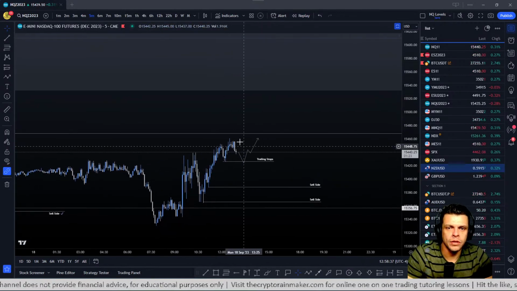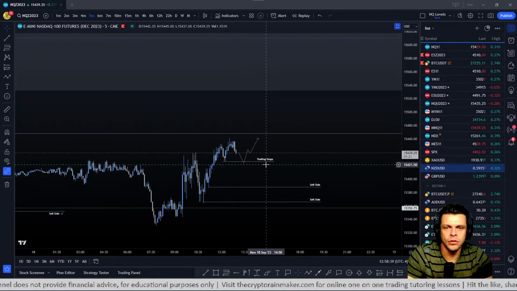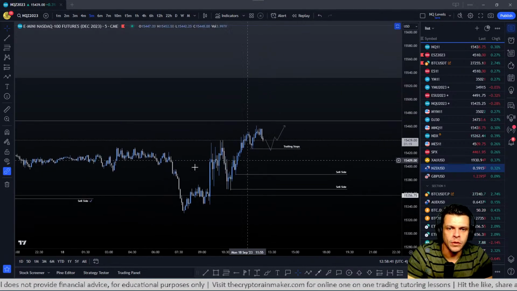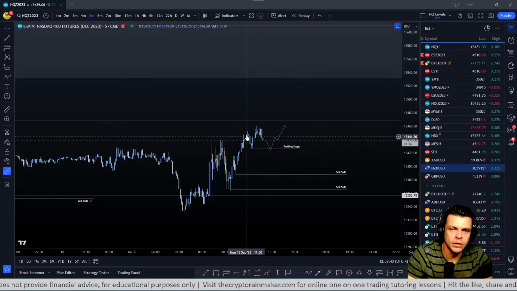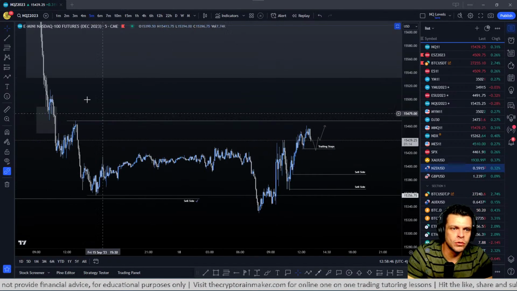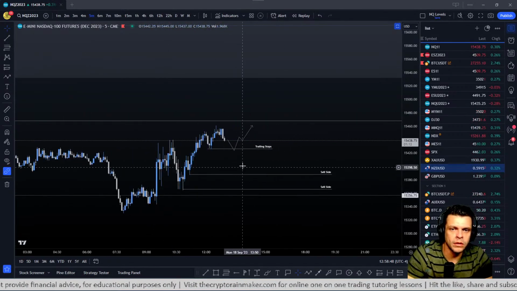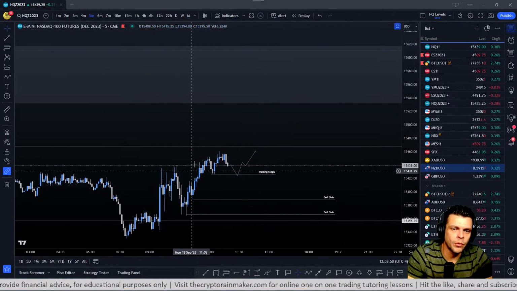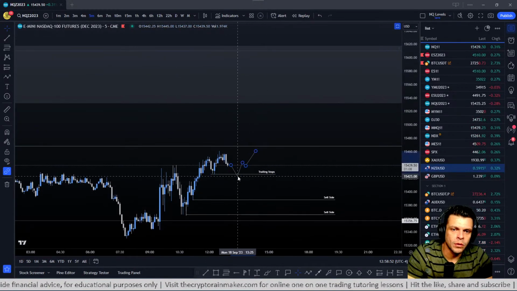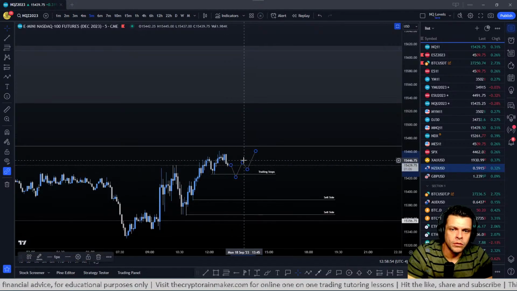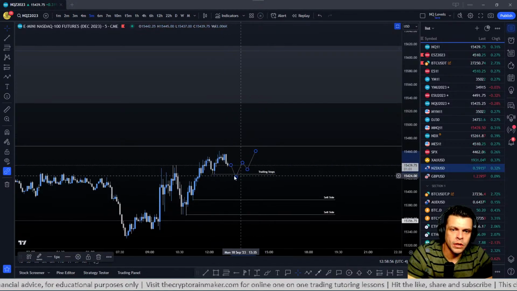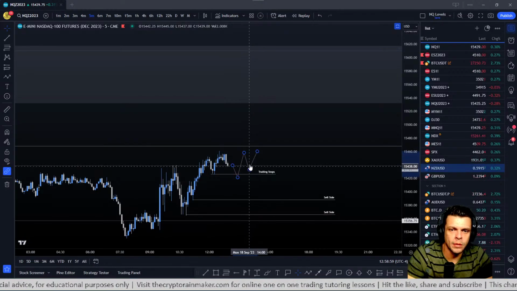I would like to see us visit this area and then start to aggressively move down, because that's kind of my favorite setup, is getting these reversals of the liquidity pool levels. For this one, we've already went up. So what I would want to see to go long is just tap this low and then aggressively displace to the upside.